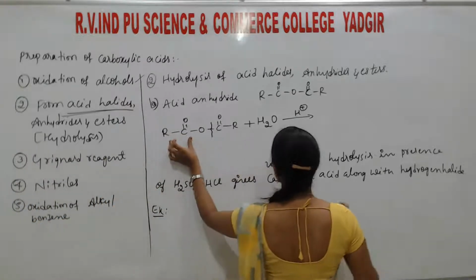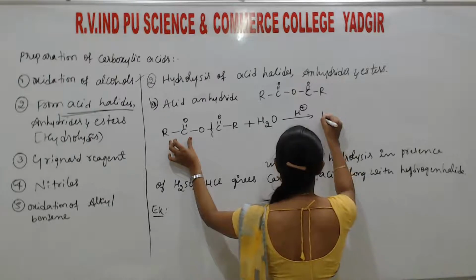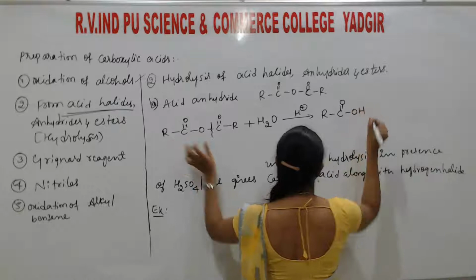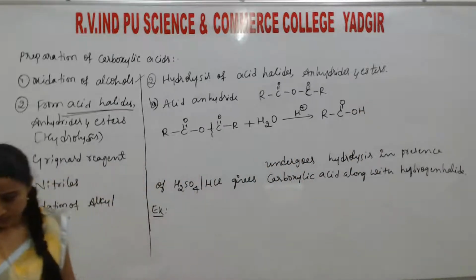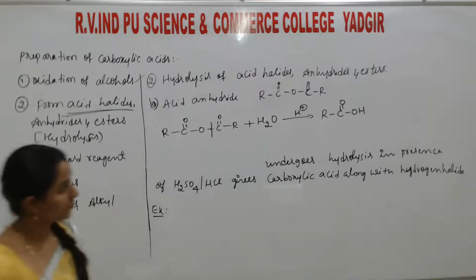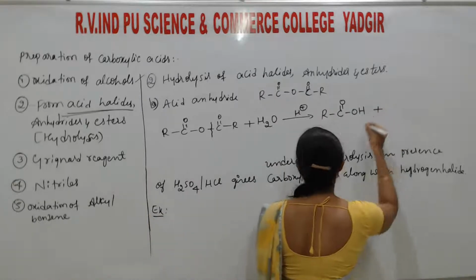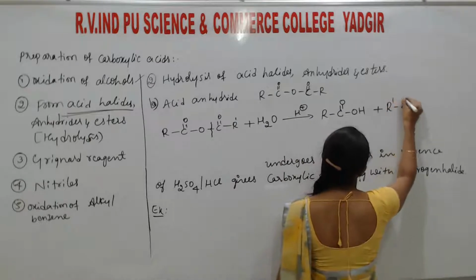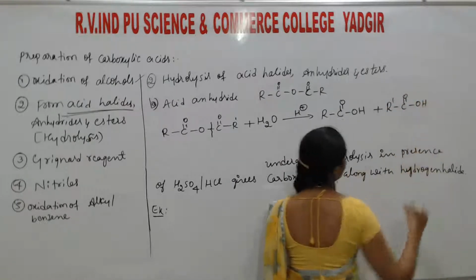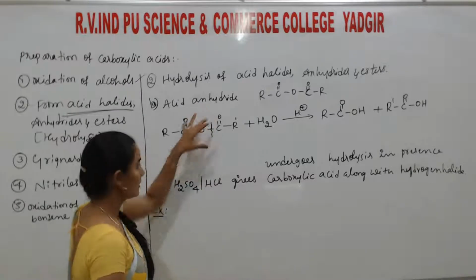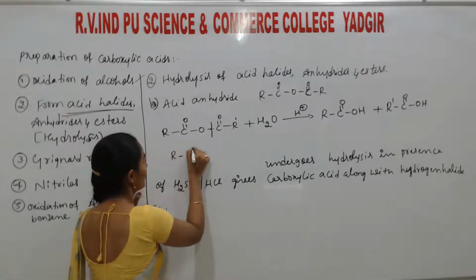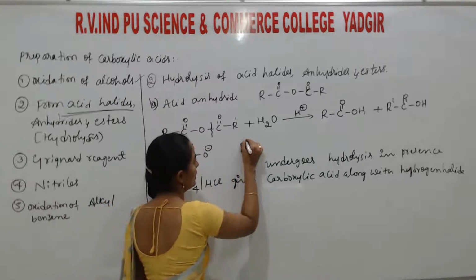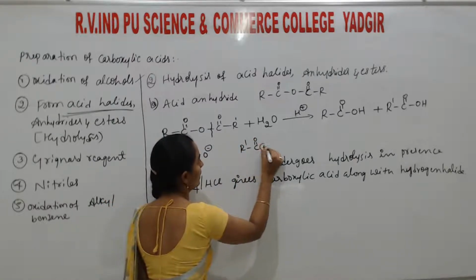So two molecules of, listen here. This one is R C double bond O OH, correct? Plus you take this one here, R' C double bond OH. So students, here I write R C double bond O minus, and this one is R' C double bond O plus.